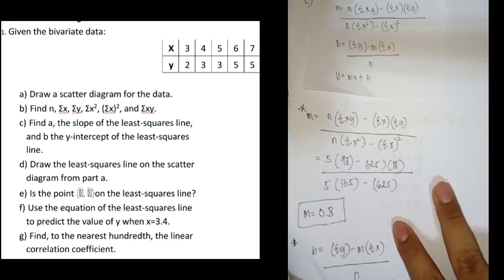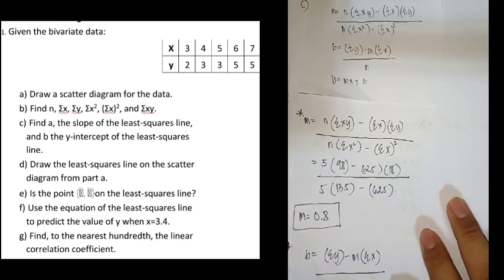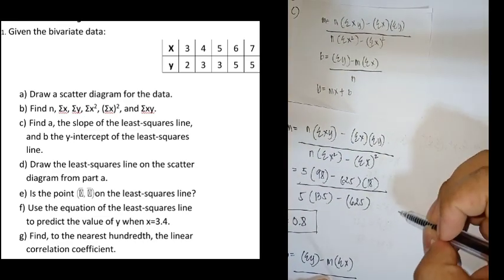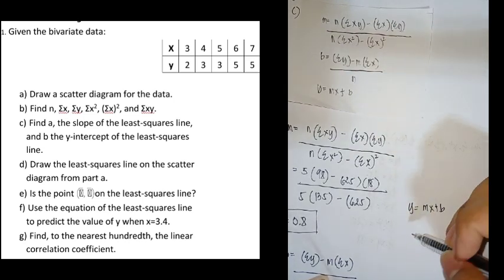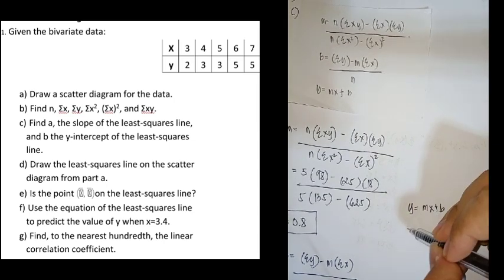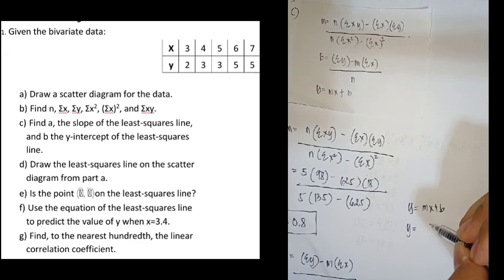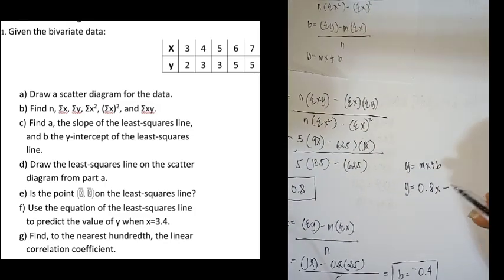In finding the equation, we have y equals mx plus b. All we need to do is substitute the value of each term. So y is equal to 0.8x minus 0.4.